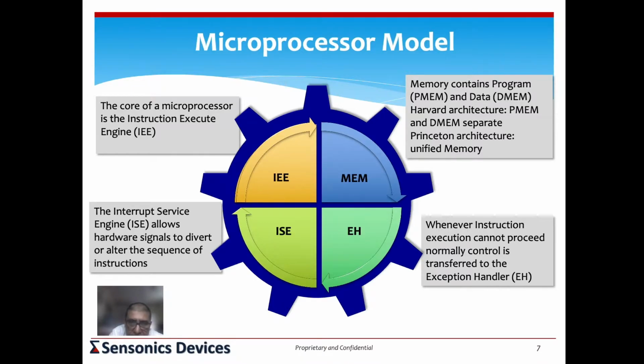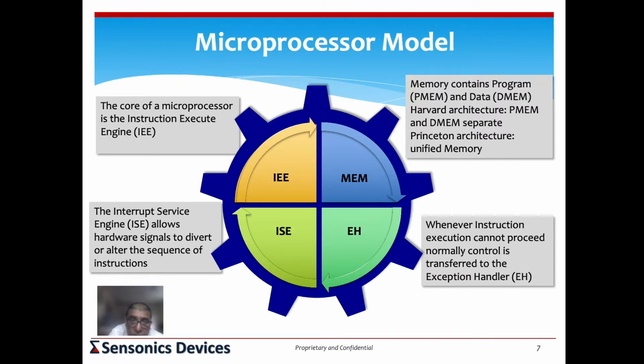We call that the exception handler. When the instructions are not allowed to flow for handling some other program or another set of instructions, that is the interrupt service engine. So these are the four pieces that comprise the whole microprocessor from a hardware perspective. Of course, there's the tool chain and software and all that. I'm talking about the hardware.